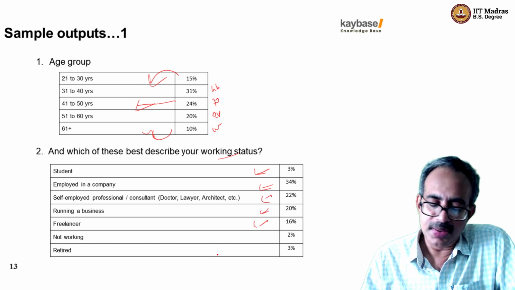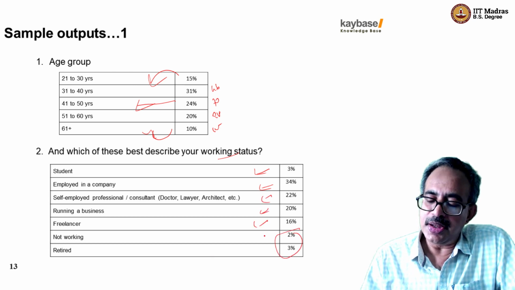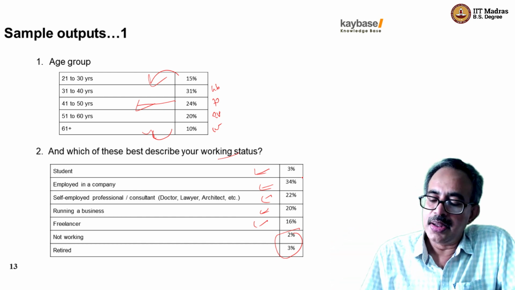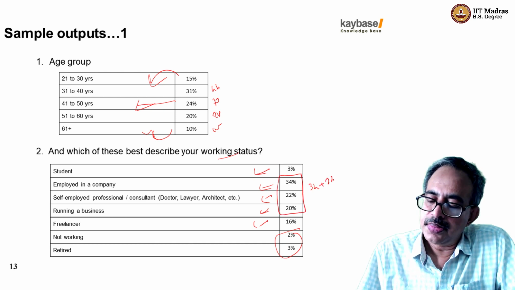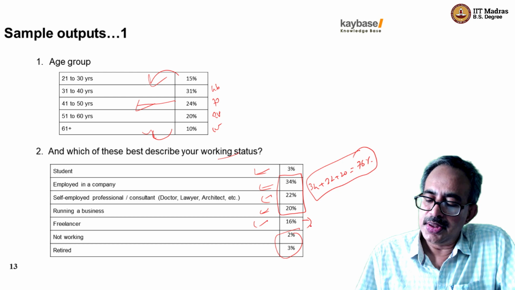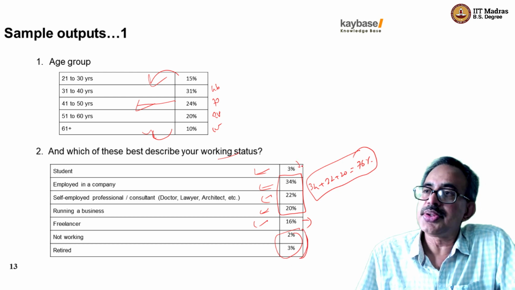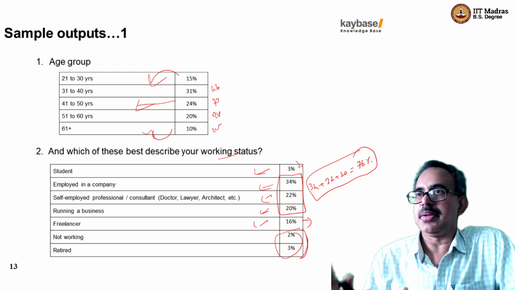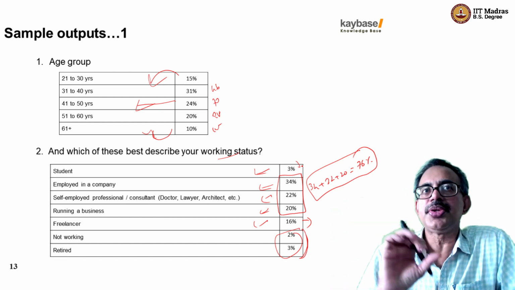So we can safely say that for this particular product category that we are profiling, the bulk of the customers are here. 76% of customers are either working or self-employed. They're not freelancers, they're not retired, they're not students. They are people who are employed either for themselves or for somebody else. So that is the kind of conclusion we will draw.